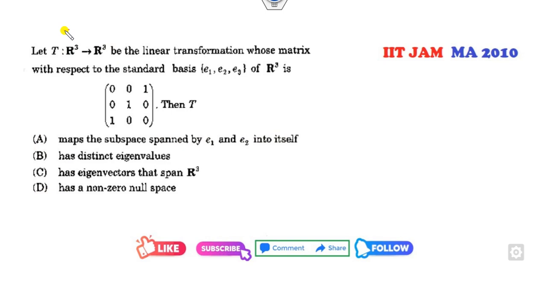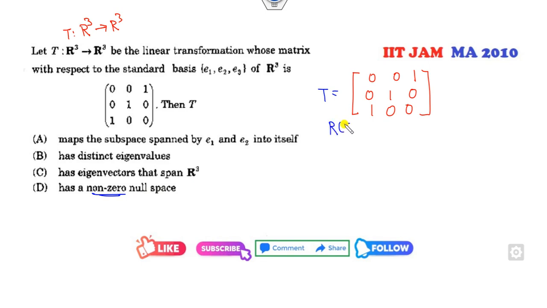Again you can see capital T is the mapping from R3 to R3 such that the basis maps as 0 0 1, 0 1 0, 1 0 0. Then it has distinct eigenvalues, and the eigenvector, non-zero null space, that is the nullity. So firstly I can find the rank of this.